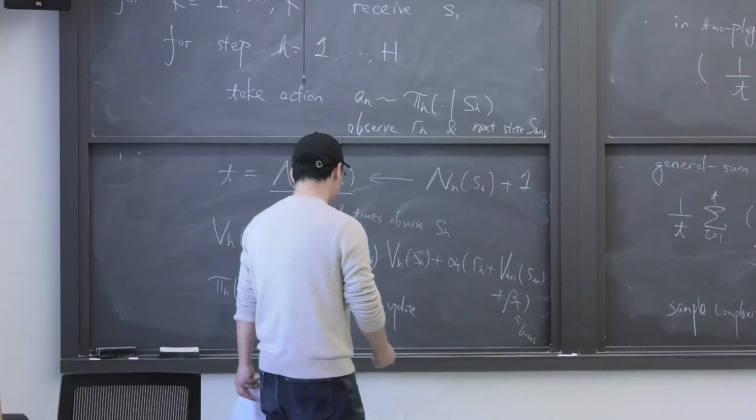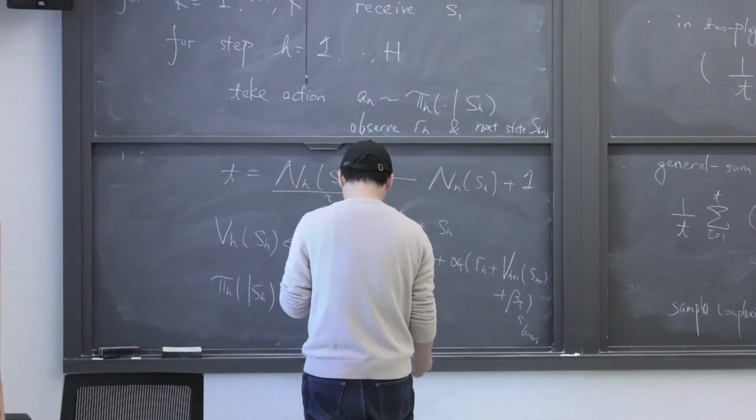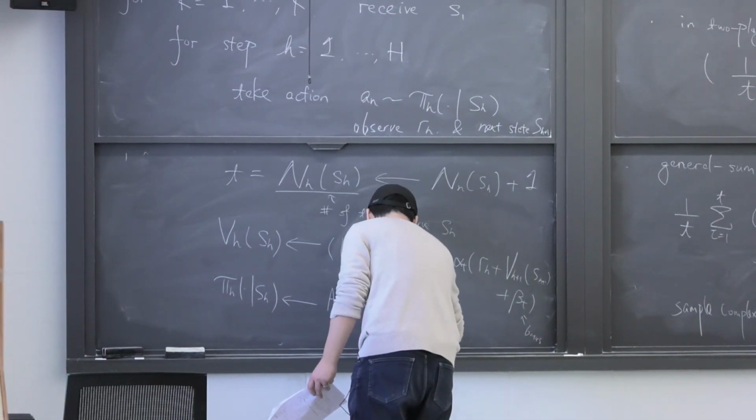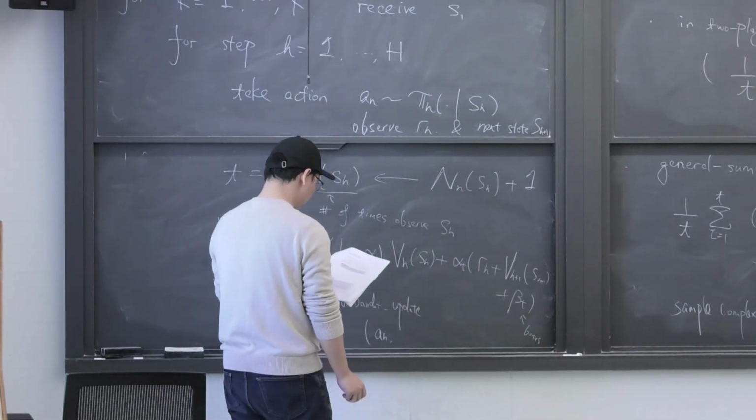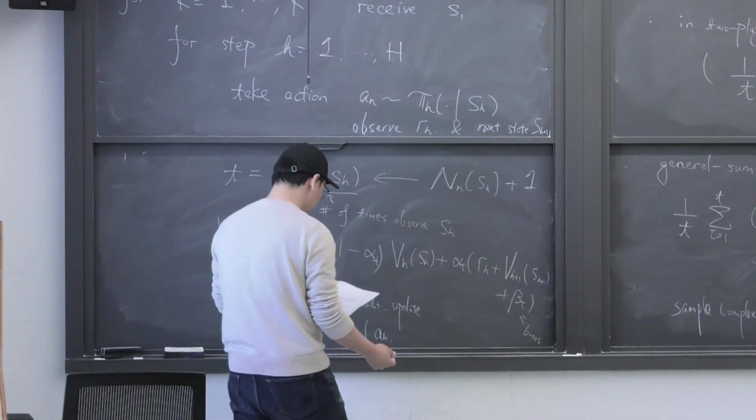And for a bandit problem, every time we update, we only need to feed in what action it takes, this ah, and what loss or reward it receives.